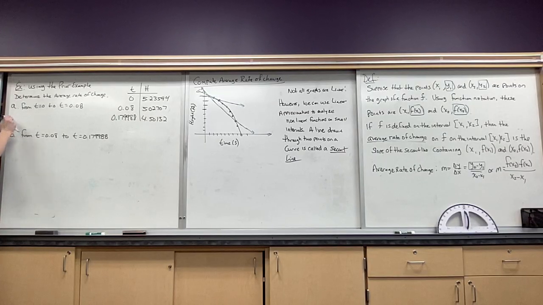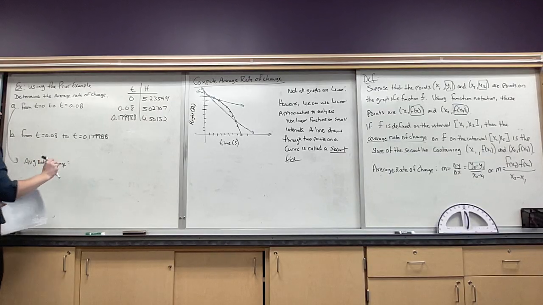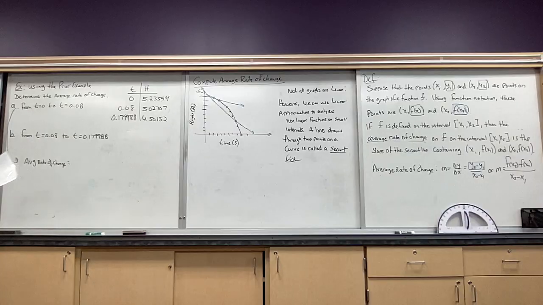Okay, so for this one, average rate of change. Actually, you know what, I'll put that beneath. I think that's not going to give me enough space. I'll put this underneath here. Okay, so average rate of change. I'll try and abbreviate. If you look at the formula, I'm going to take the second point minus the first point.